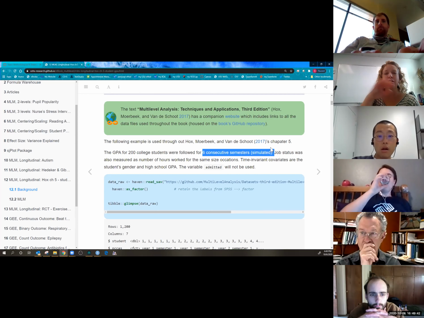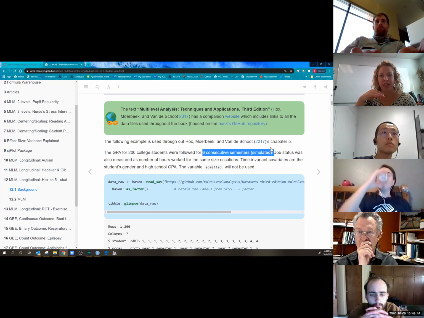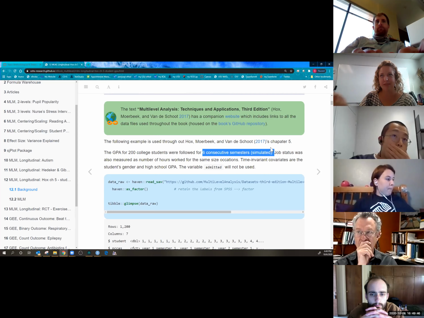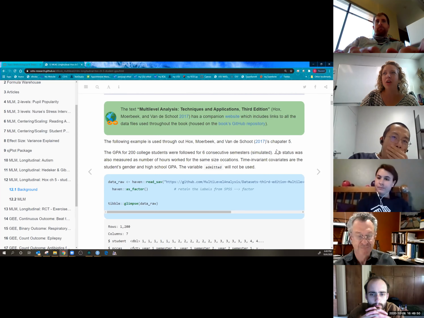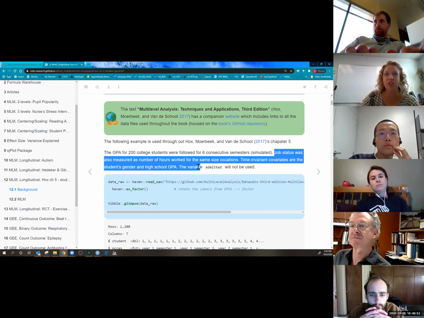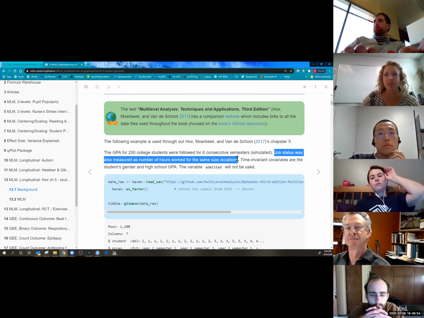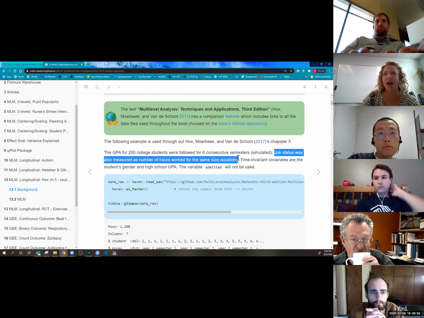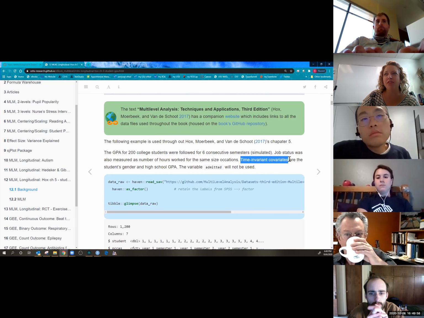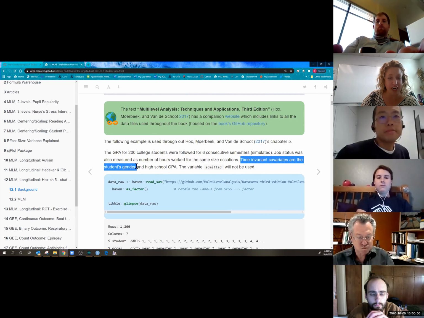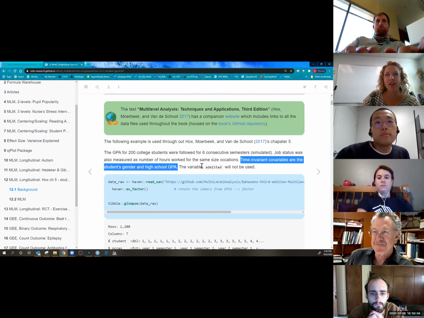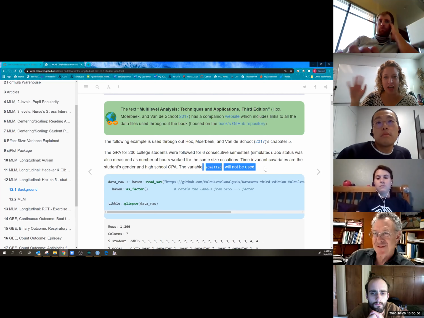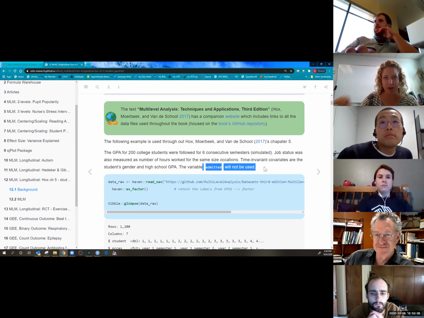So we have 200 students, each at 6 time points, and at each time point, we have their GPA. We also have their job status, which is measured hours worked. And then we have some time-invariant covariates like the student's gender and their high school GPA. There's a variable called admitted we will not be using in this data set, just ignore it.